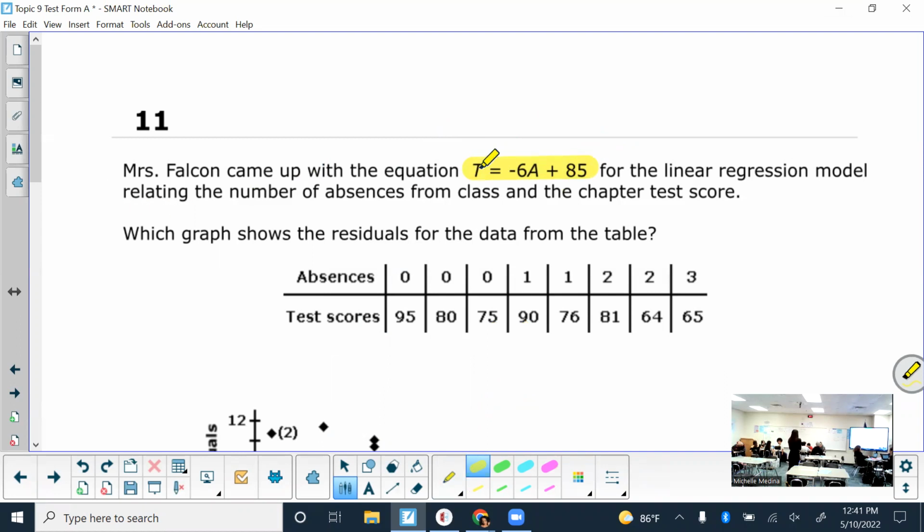So this is relating the number of absences from class and the chapter test score. Which graph shows the residuals for the data from the table? So what's the formula for residuals? Subtraction problem?